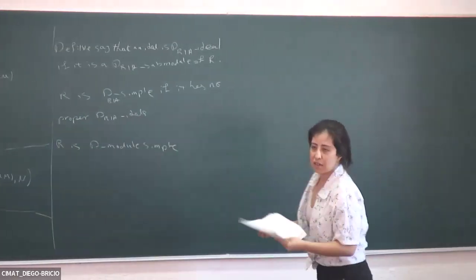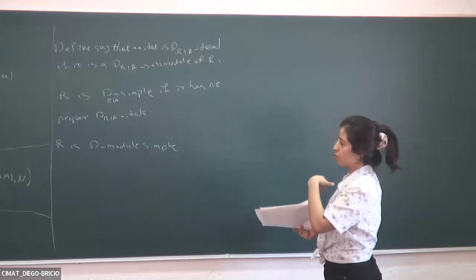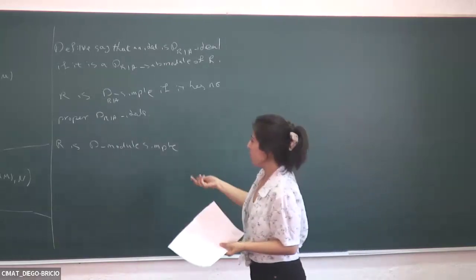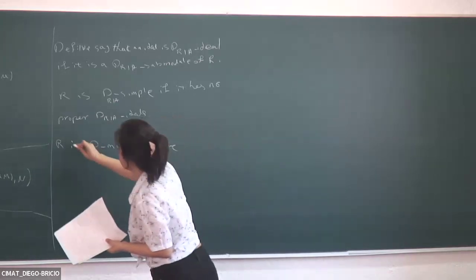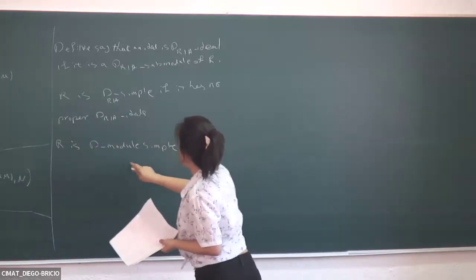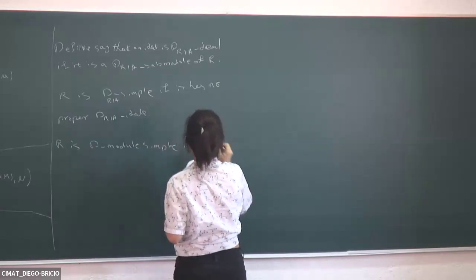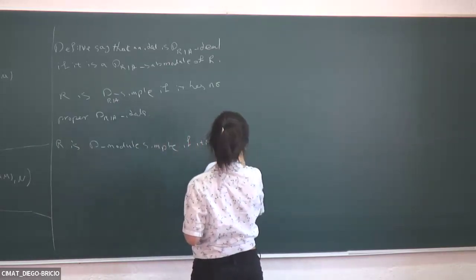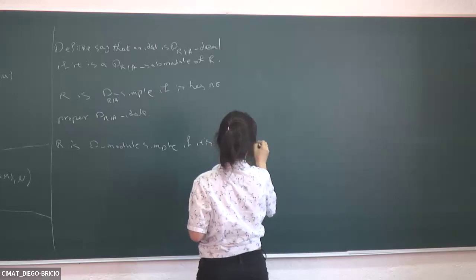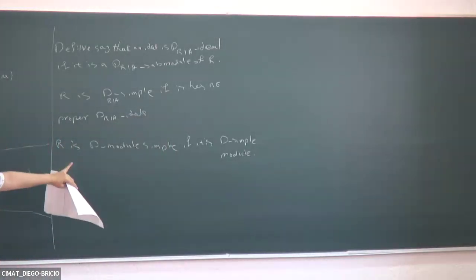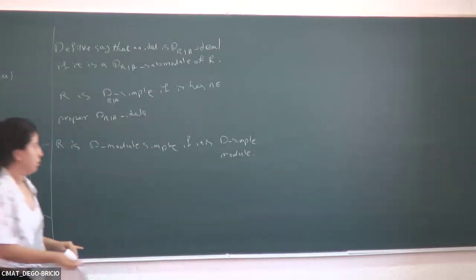It's just a definition that comes from simple things, a simple module or simple ring. So there is nothing special, I just wanted to mention it. R is D-module simple if it is D-simple, so I mean that there is no proper D-ideal except 0 and R.